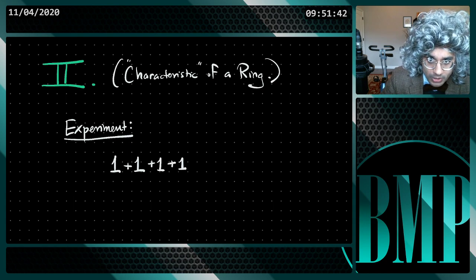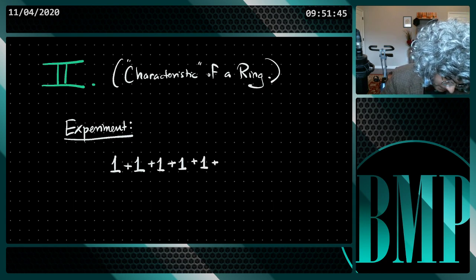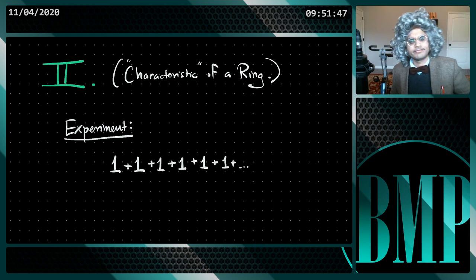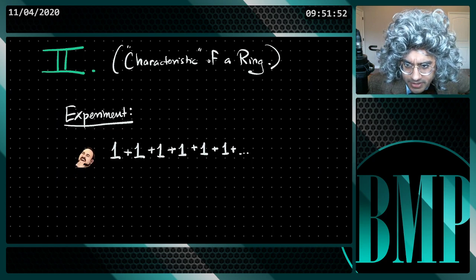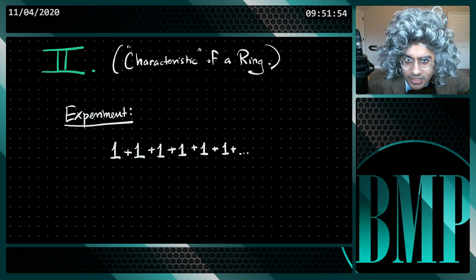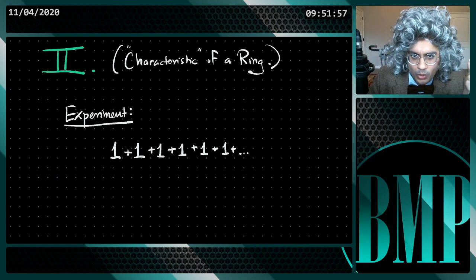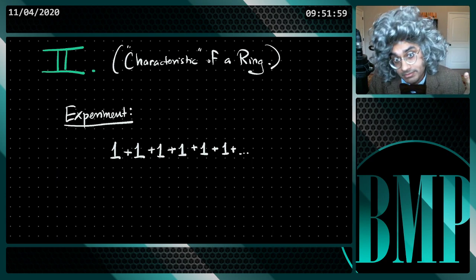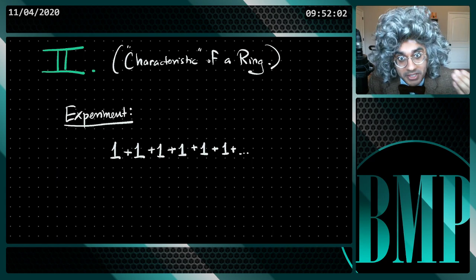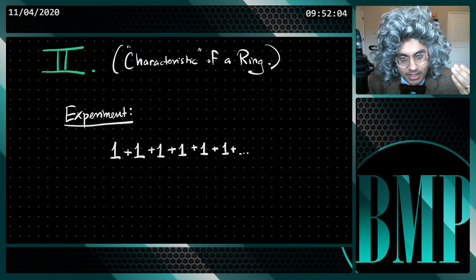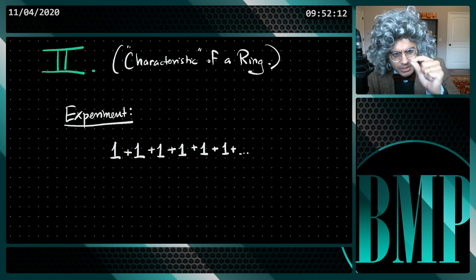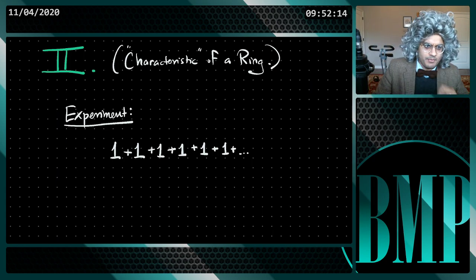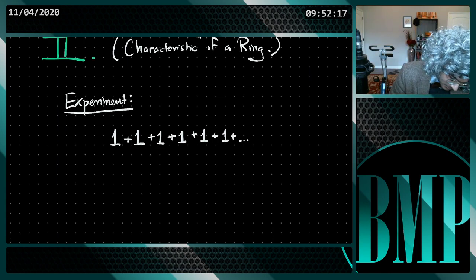And just keep adding 1 with itself. Okay, this is the experiment. It's deep. You just take the one element that you know is probably not the 0 element. If it is, then you're looking at the dumbest ring possible. But okay, take the next ring. Just keep adding itself with itself. Okay? There are 2 outcomes.